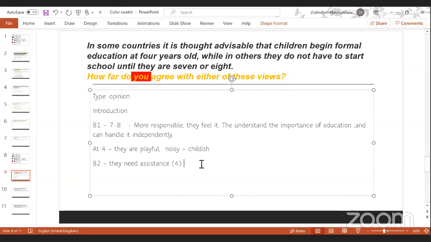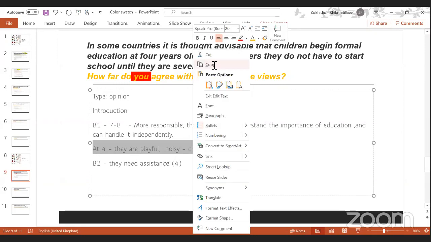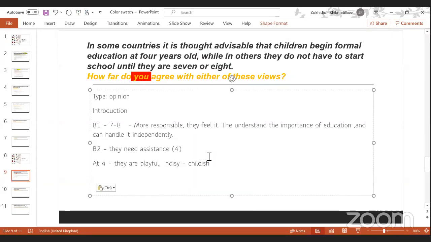And in B2, you will say why a 4-year-old cannot go to school, because they are playful and they need assistance. That will be very easy to write. It will be like advantage and disadvantage for you. All clear with this one? Okay.